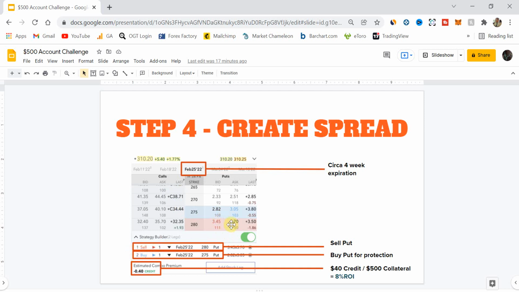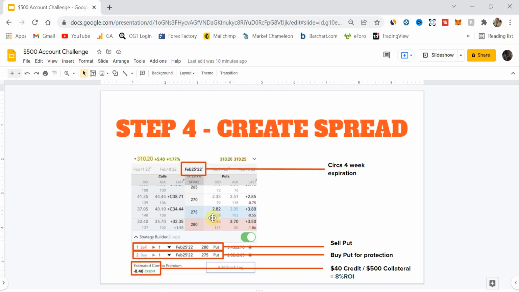So what you're doing here is collecting premium between 345 and 370, and then you're using that premium to buy this put, which costs less than the credit you received. So you're getting roughly the midpoint of the difference between those two, and you're buying it between 282 and 305. So what your broker has done is calculate your estimated credit.